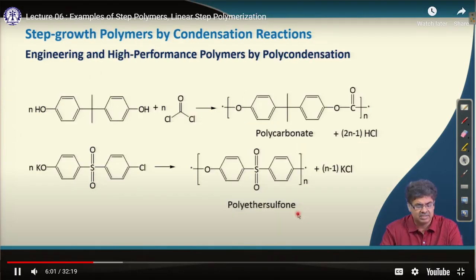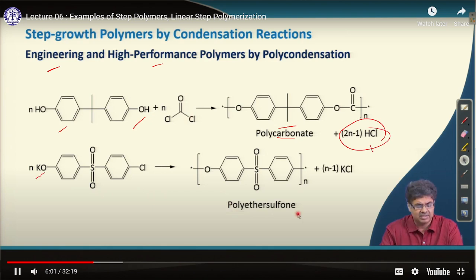Similarly, other step growth polymerizations are used for engineering and high performance polymers. Here you can see this dialcohol monomer, when reacted with this carbonyl, will also produce polycarbonate, plus byproduct HCl.